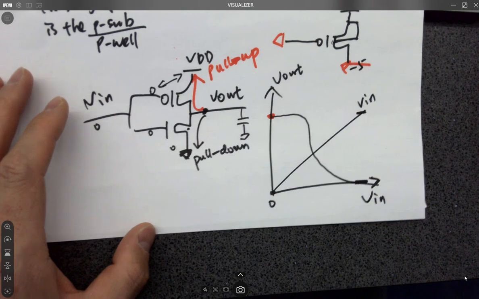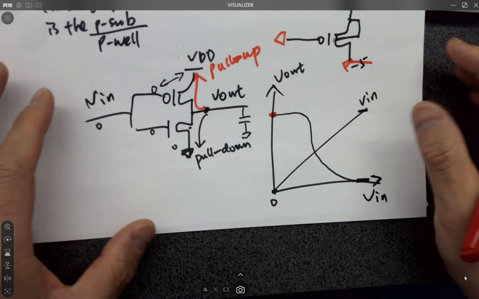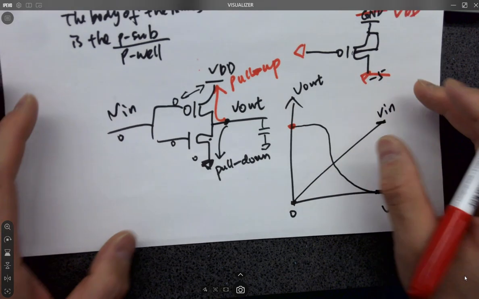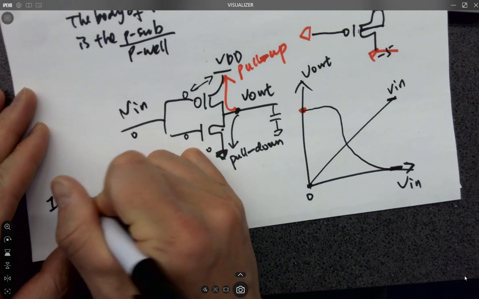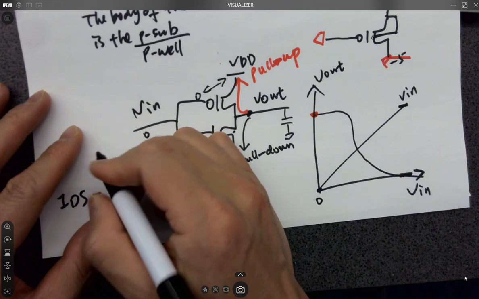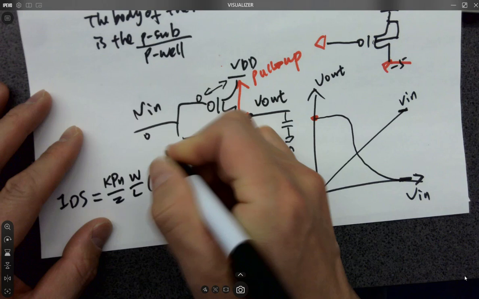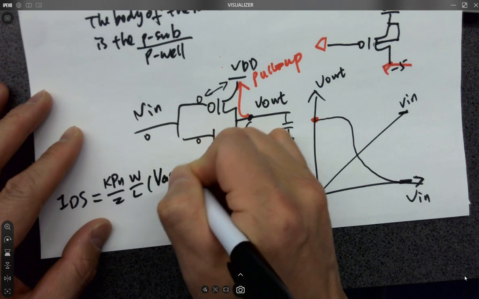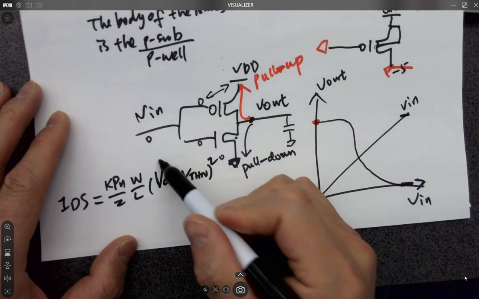And there's a little detail about the operation. Like what I said in the past, the square law equation told us IDS, it doesn't matter whether PMOS or NMOS. So for example, for NMOS, IDS equals KPN over 2 times W over L times (VGS minus VTHN) squared.